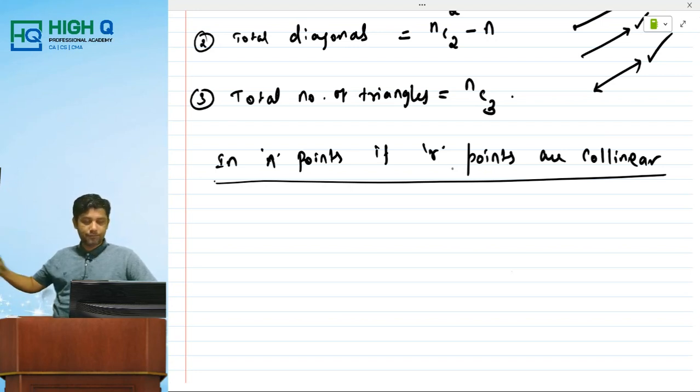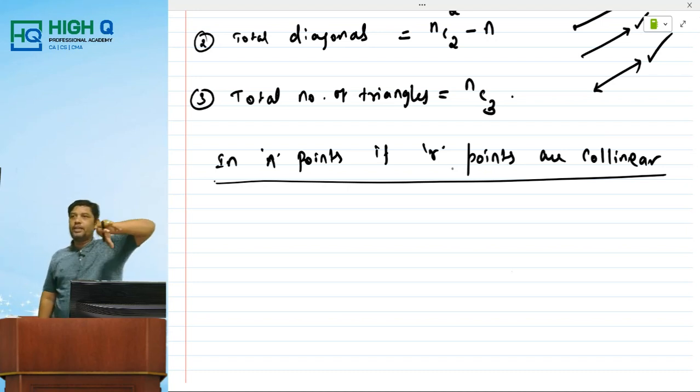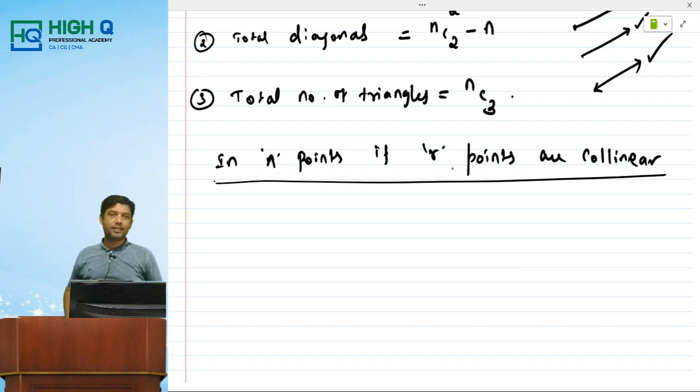If all the points lie on the same straight line, even 10 points, how many lines can you draw? Only one line. If 10 are non-collinear points, you can draw 10C2 lines. If 20 are non-collinear points, you can draw 20C2 lines. If 20 are collinear points, one line you can draw.